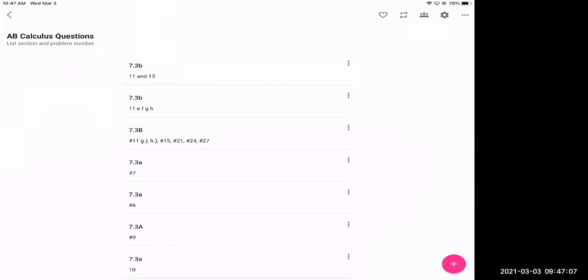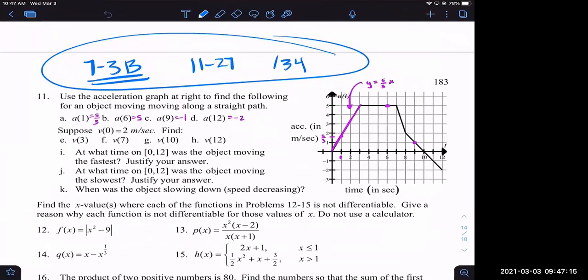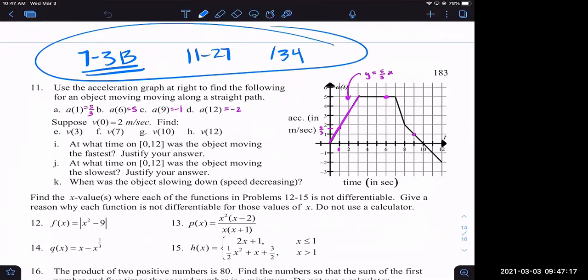Okay, so it looks like 11. Is that our very first one? Okay, so on A, B, C, D, those are just looking at the graph, right? I do think it's worth mentioning E, this set of problems.